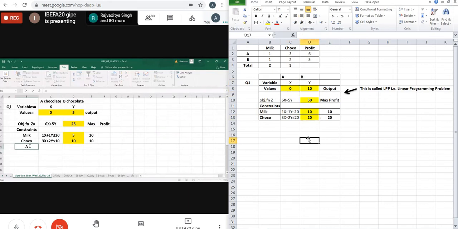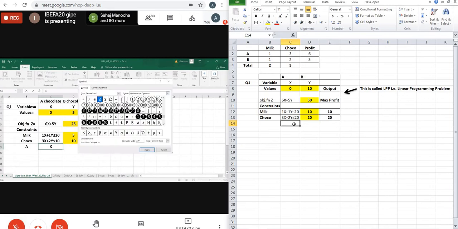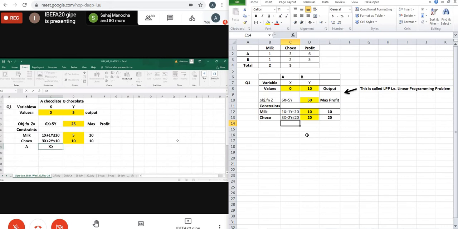X is greater than or equal to 2. So your question I am solving now. Yes, sir.